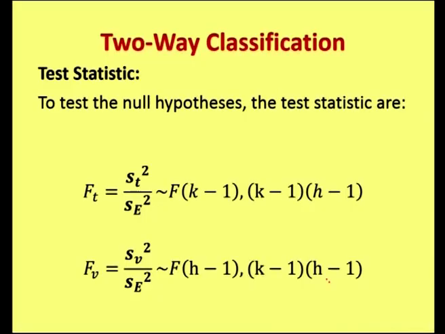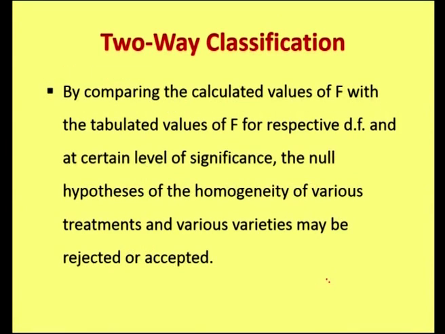It follows F distribution with h minus 1 and k minus 1 into h minus 1 degrees of freedom. And by comparing the calculated values of F with the respective table values with respective degrees of freedom at certain level of significance, we accept the hypothesis or reject the hypothesis. If the calculated value is less than the table value, we may accept, otherwise the H naught is rejected.